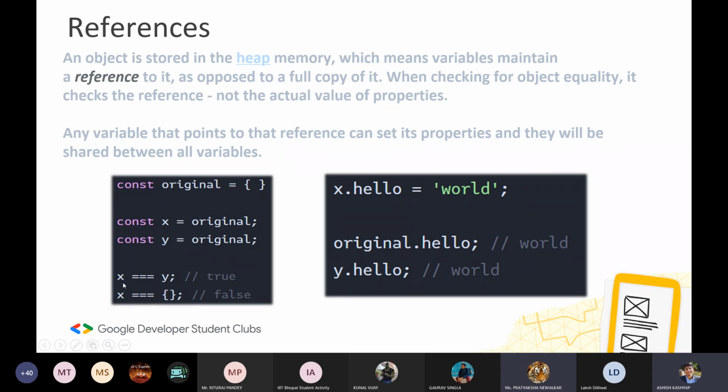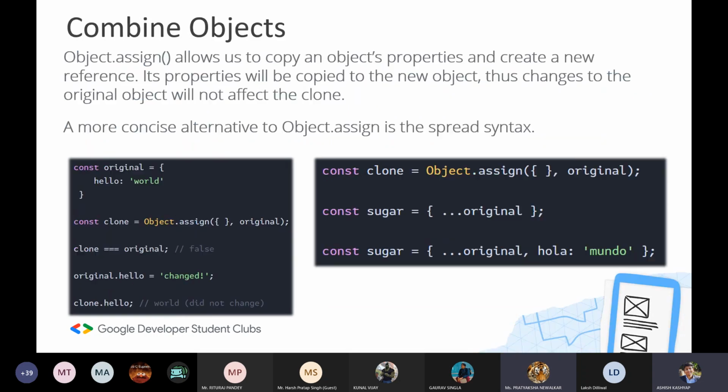If we check for triple equality, which, like I just told you, checks for the types and the values as well, it returns true. And if I check whether x is equal to an empty object, it gives false, because actually the reference gets passed. Here, as you can see, I have x.hello equals world, and if I make a change to original.hello, y.hello would also get changed, right? So yeah, that's about references.